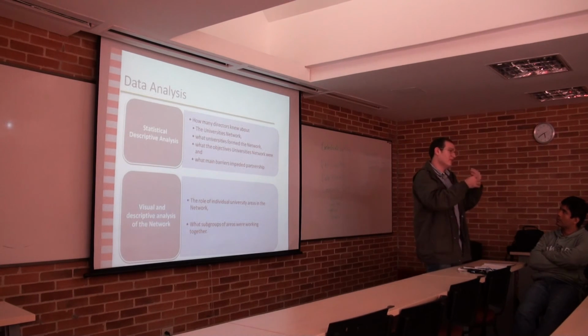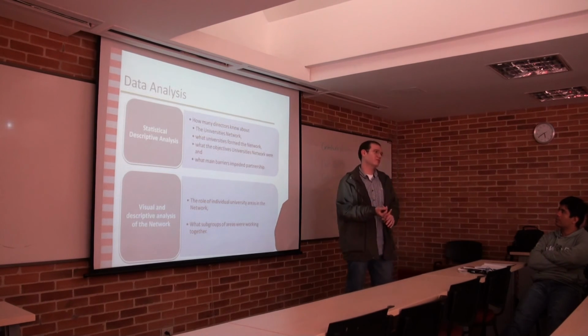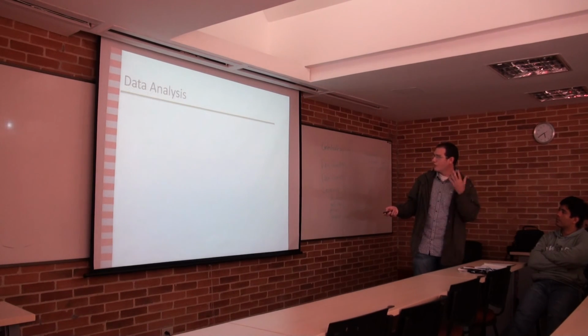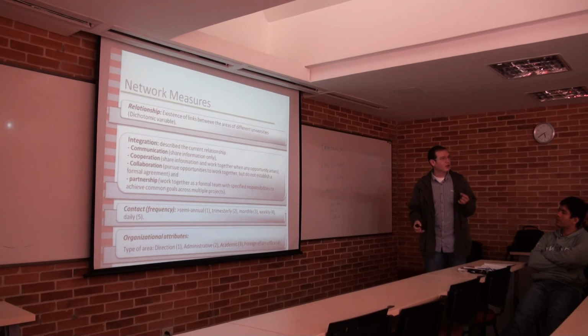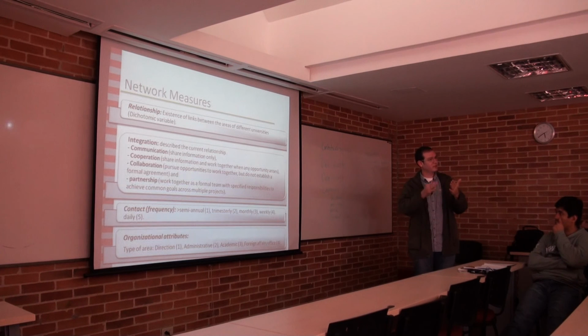It's only based on the interviews. The idea to confirm that is to use different documents, real documents. For example, when two areas say that they have a partnership, you can look for, for example, a formal agreement between the areas. You can identify the projects that two areas have worked on before.